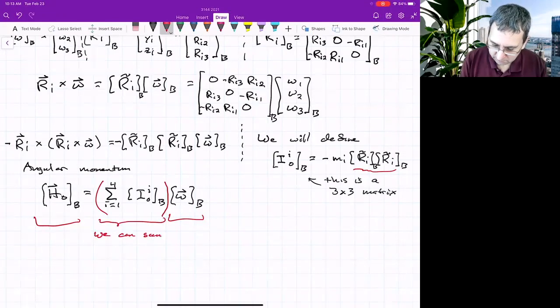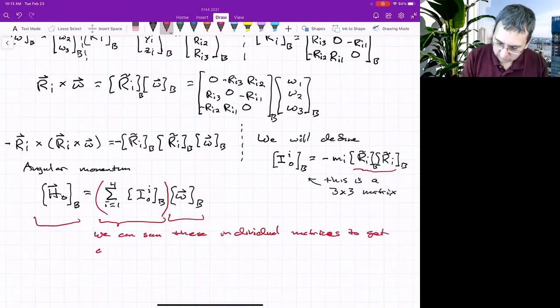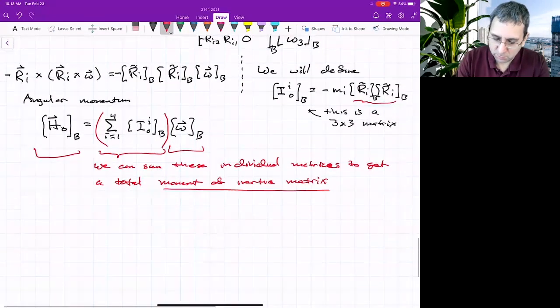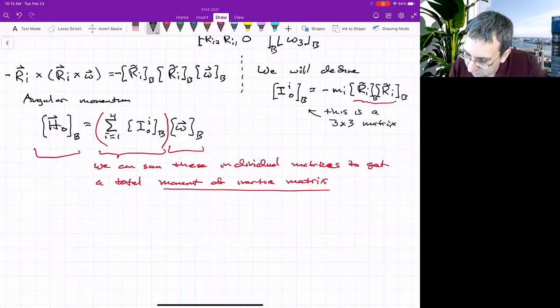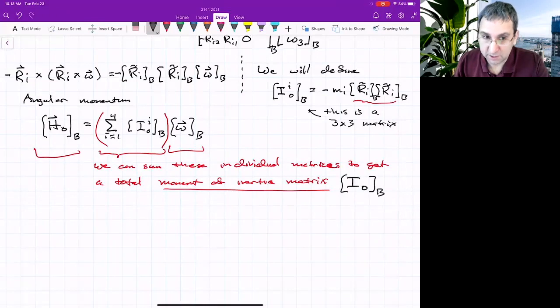So we can sum these individual matrices to get a total moment of inertia matrix, and we'll call that moment of inertia matrix just capital I_O without the subscript little i, and remind ourselves it's being written in the B frame.